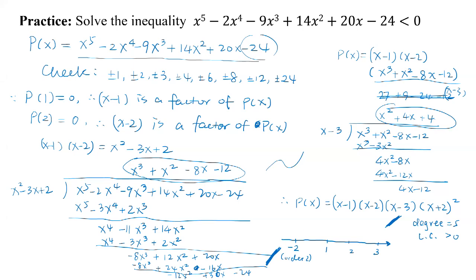So first of all, when it comes to a zero of minus 2, note that minus 2 has an order of 2, right? For an even order, this function does not change sign, so it bounces back. And then when it comes to a zero of 1, the zero of 1 has order 1. 1 is an odd number, so this function will change sign, and then all the way up to 2. 2 also has an order of 1. 1 is an odd number, so this function will change its sign here.